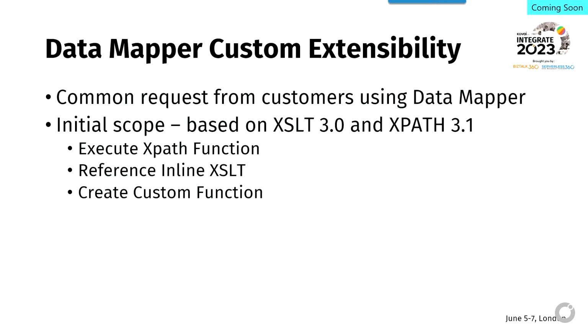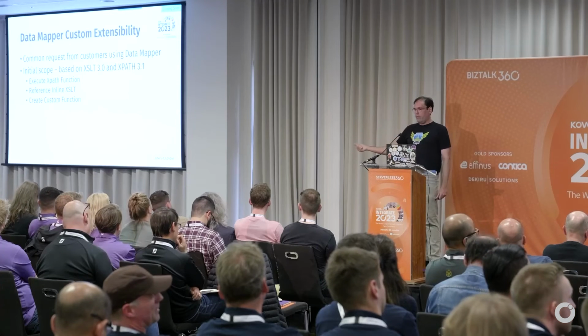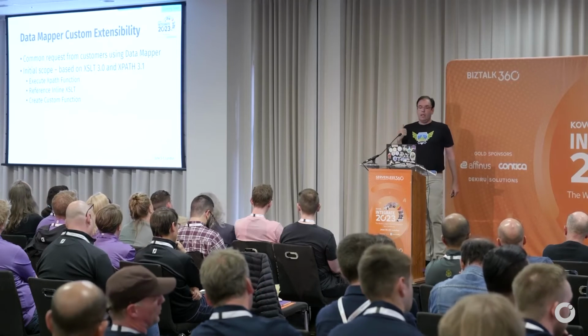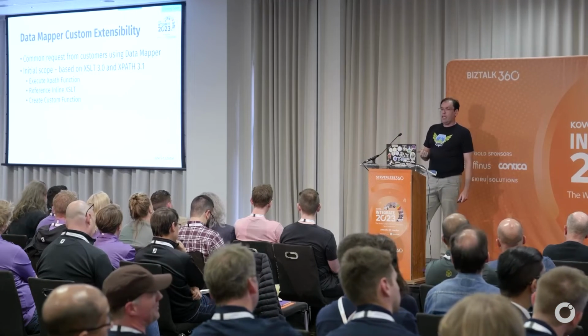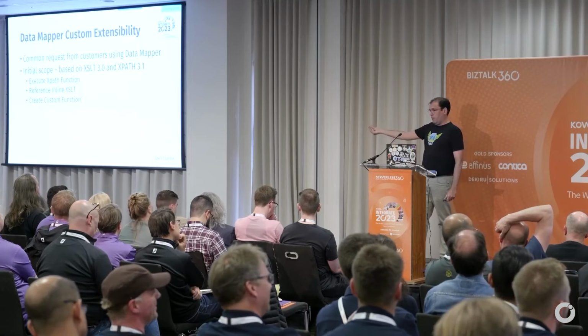It's a common request from people that start using the data mapper. The initial scope is going to be based on XSLT 3 and XPath 3.1, right? And in your custom function, you'll be able to either execute an XPath function, specific for what you want. You could either reference an inline XSLT or create that custom function ready for you to use.